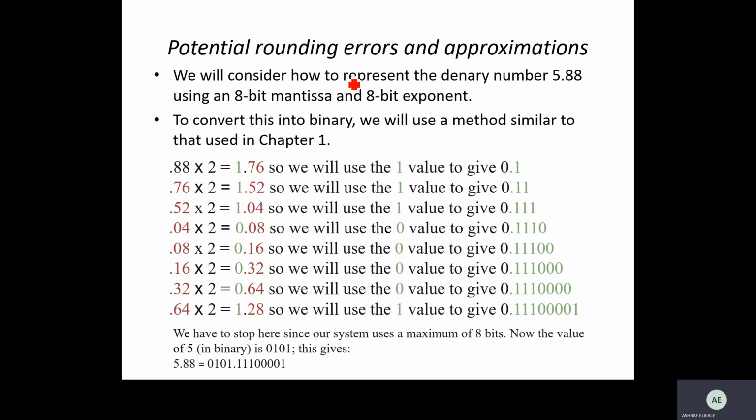Also, we will now consider representing the denary number 5.88 using an 8-bit mantissa and 8-bit exponent. To convert this into binary, we will use a method similar to that used in the previous explanations. Simply, you are going to multiply the decimal value by 2. Do you remember when we used to convert from denary to binary?